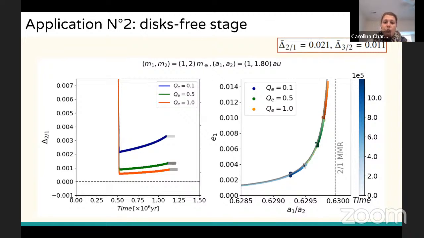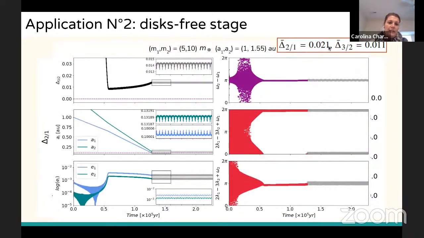And so if you see here, this is for different values of the circularization of the orbit, but once again we are orders of magnitude away from the observed value. But if we change the masses of the planet, now we get closer to the observed value.